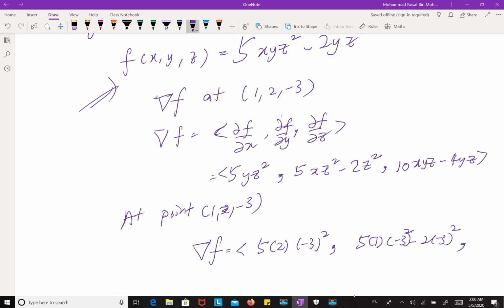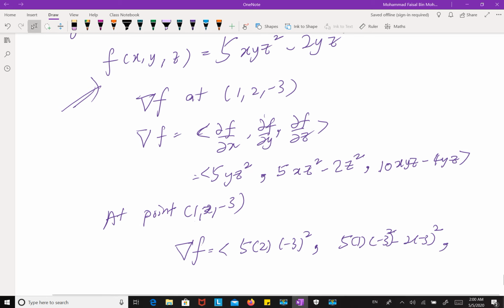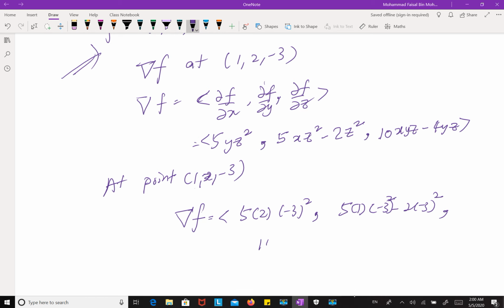And then your z component will be 10 times 1 times 2 times negative 3 minus 4 times 2 times negative 3. So you will end up with 90, 27, negative 36. Done.